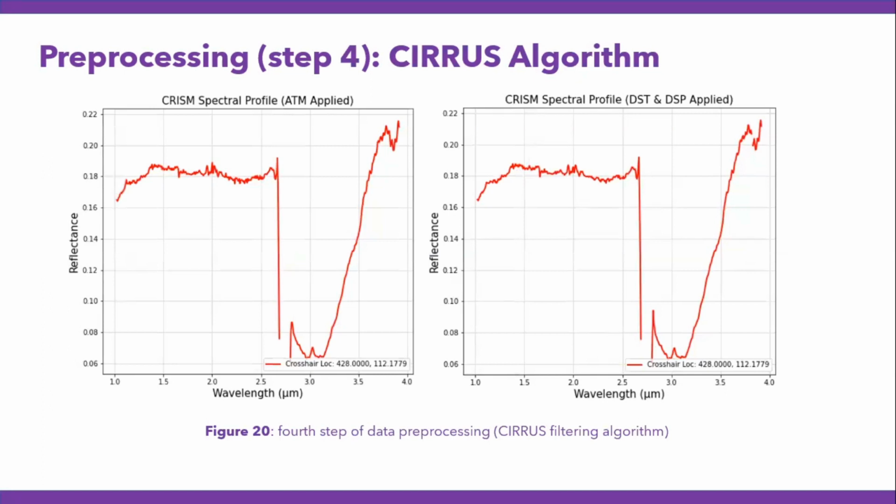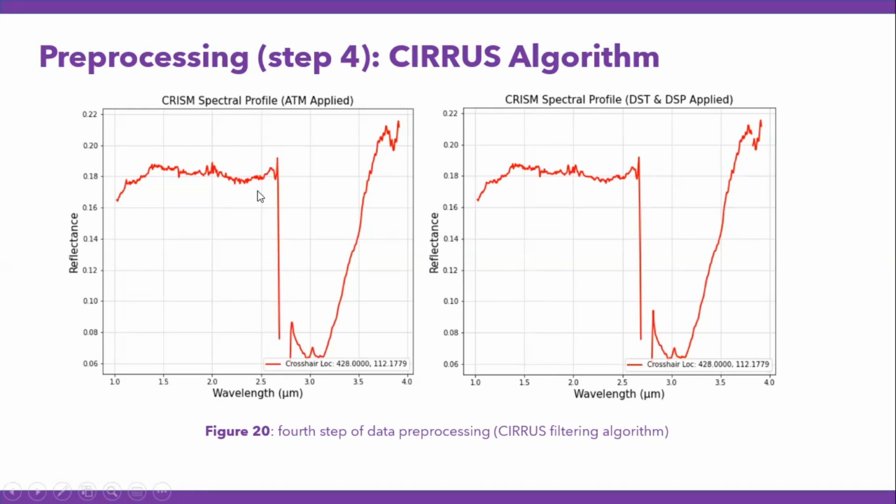So what is the CIRRUS algorithm doing? It applies some filtering and cleaning functionality. It's going to describe and rectify the congregation of the data in general. And you can see here how we get some kind of smoothing.